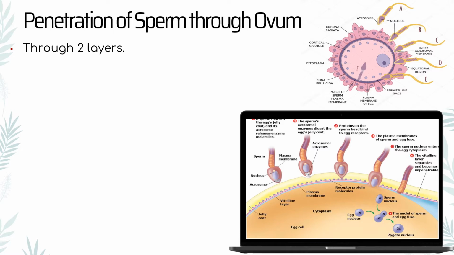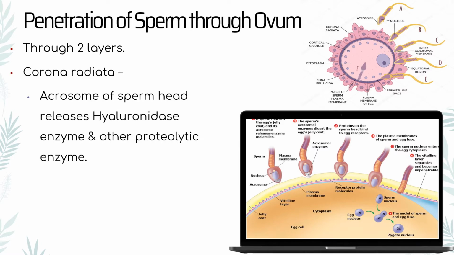The sperm passes through two layers, the corona radiata and zona pellucida, before it reaches the ovum. So the penetration of the corona radiata is made possible by the release of the enzyme hyaluronidase and other proteolytic enzymes present on the acrosome of the sperm, and also by the hyperactivation of the sperm.